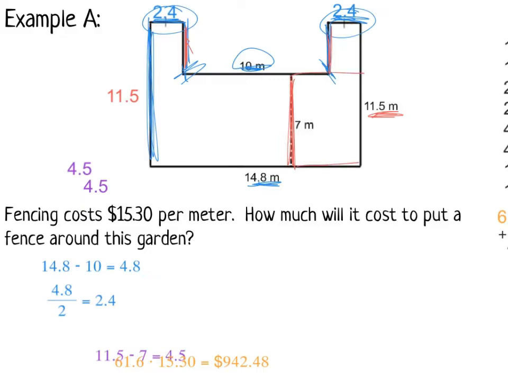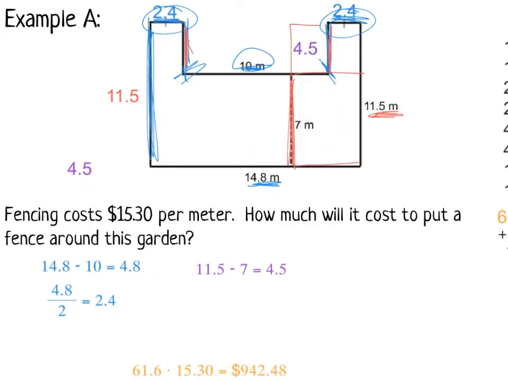So now I can use that information to figure out what's left, and that will tell me the missing part. I'm going to do some subtraction again. I've got 11.5, and I'm going to subtract 7 because that's the section in the middle, and I'm going to end up with 4.5. So I know that each one of these sections is 4.5, because 4.5 plus 7 here gives me 11.5, and 4.5 plus 7 over here will also give me 11.5.